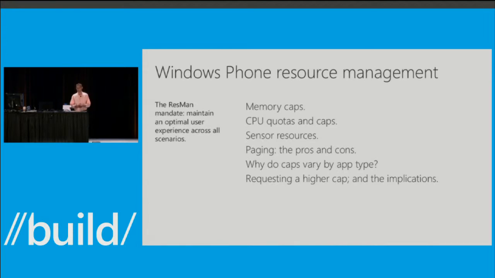And it's changed over time. So in 7, it was a simpler mechanism which actually did allow an app to consume all memory on the system and basically to run away until it ran out of memory and crashed, to the exclusion of other things.